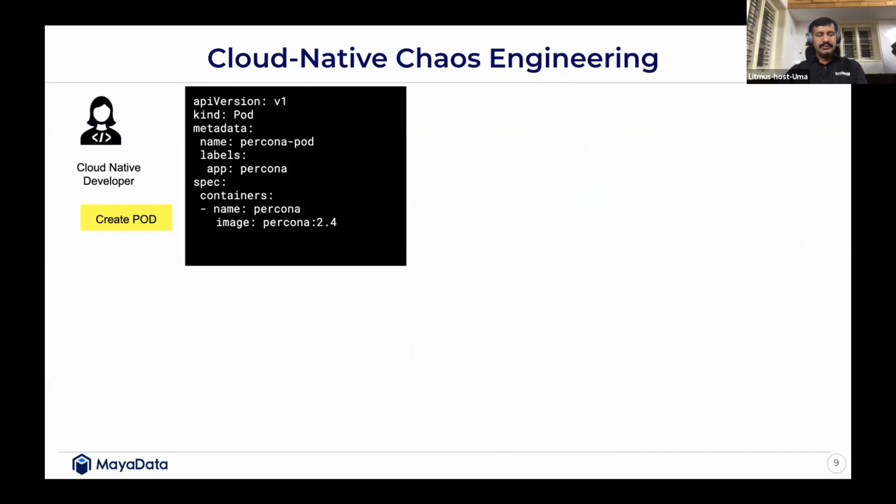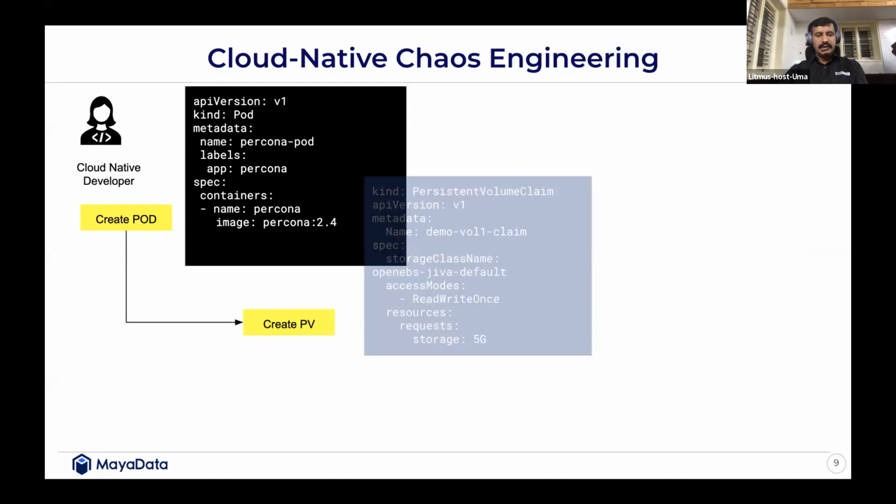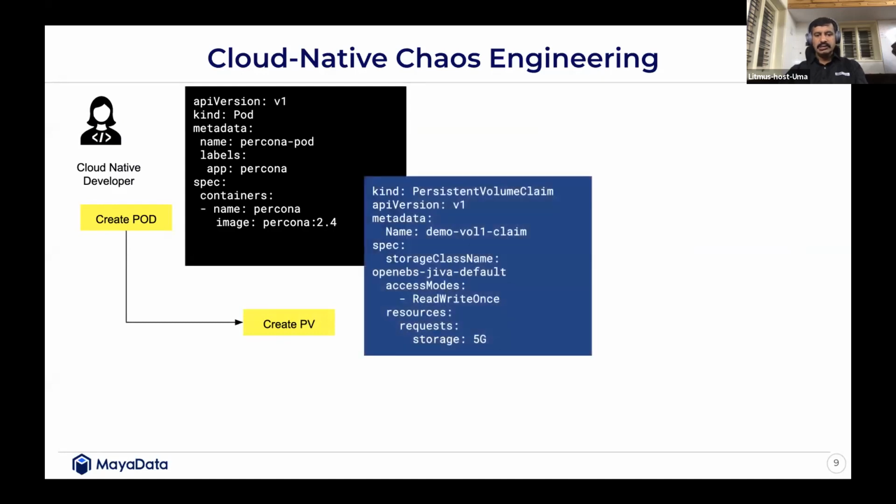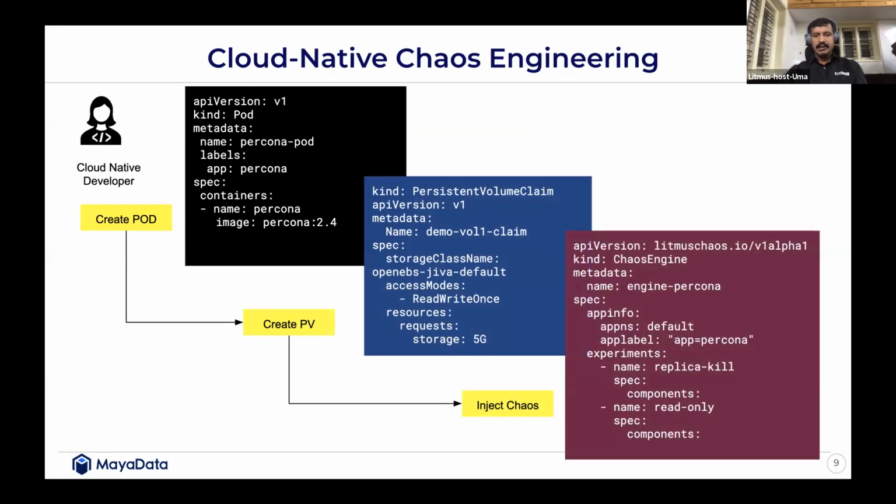So let's see how any Kubernetes developer can do regular development. As part of the development, you create a pod using declarative YAML. Similarly, to create any other resources, you use declarative YAMLs, like a persistent volume or any other objects like a service. And then you develop your application and test it. To do chaos testing, you can inject the chaos in a very similar way using other CRs or CRDs like Chaos Engine, and then run experiments.